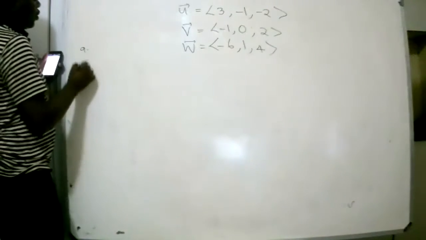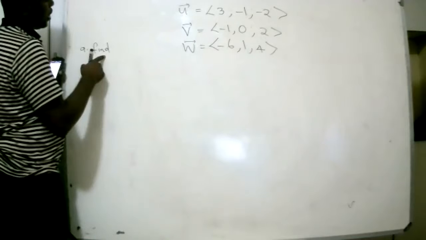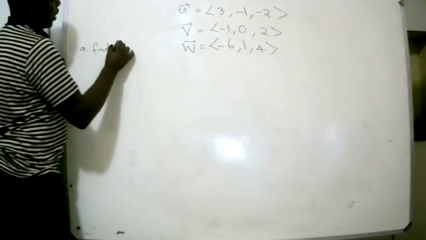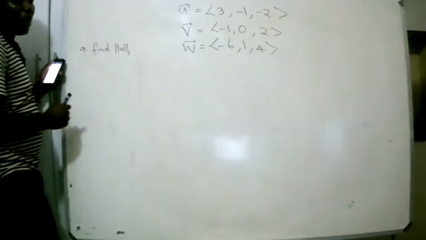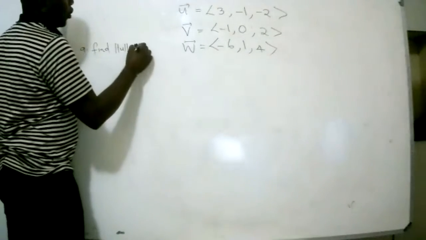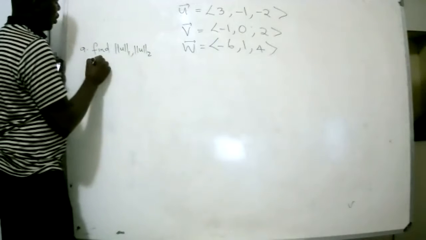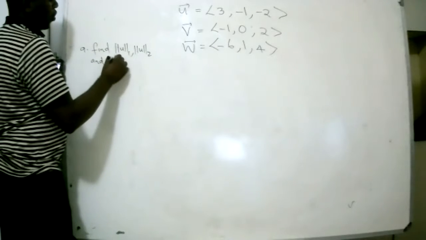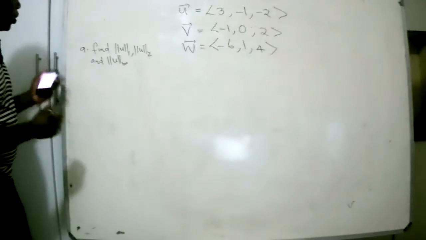The first question is to find the norm of U: the norm 1 of U, the norm 2 of U, and the infinity norm of U. These are the three things you are going to do.